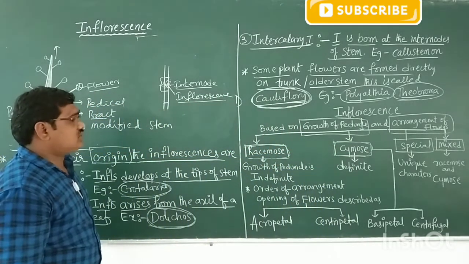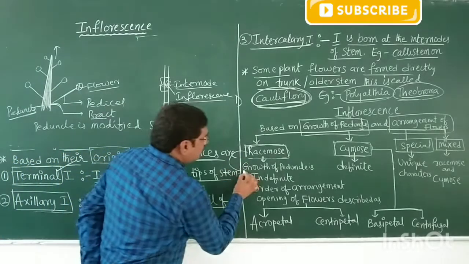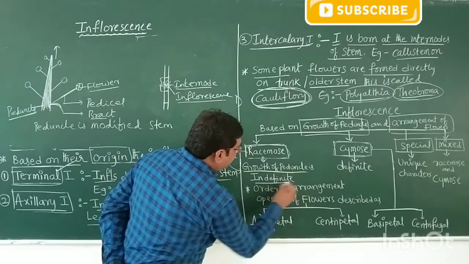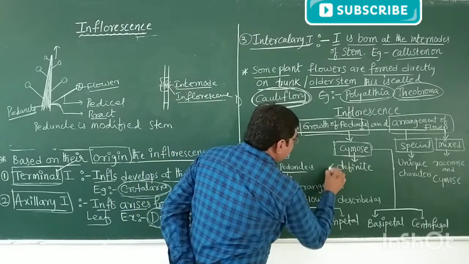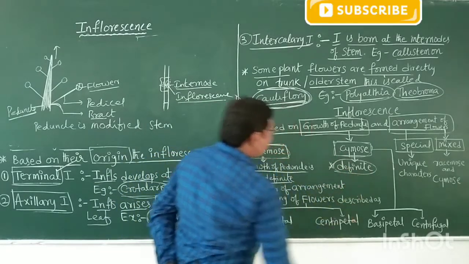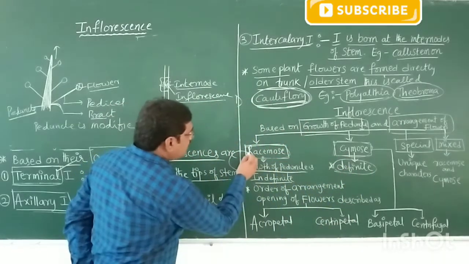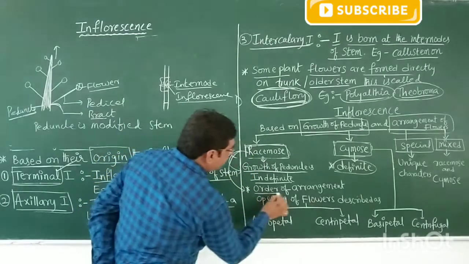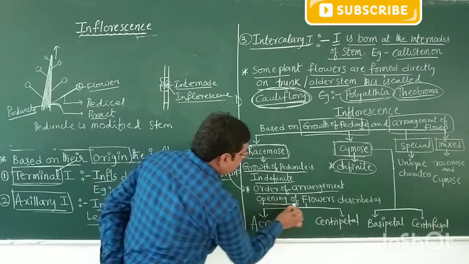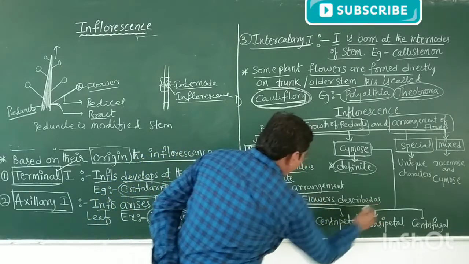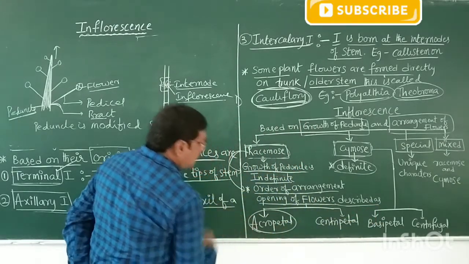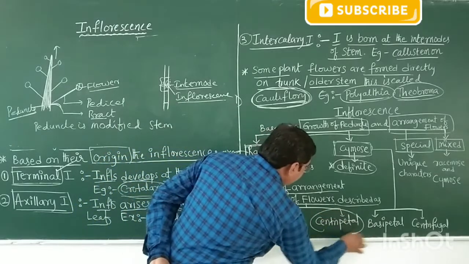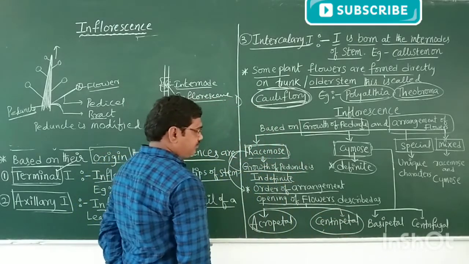See, in racemose, the growth of the peduncle is indefinite. In cymose, the growth of the peduncle is definite. Next, the order of arrangement and opening of the flowers in racemose is described as acropetal and centripetal succession.